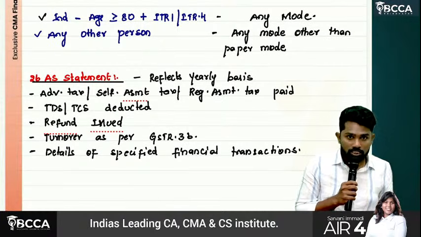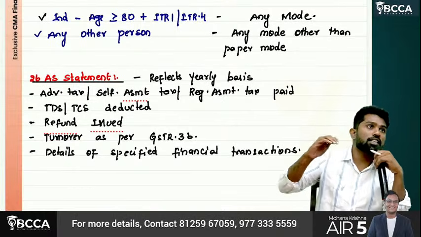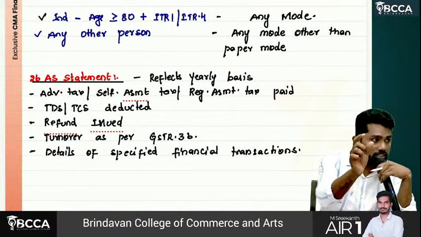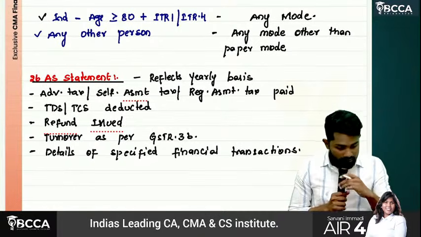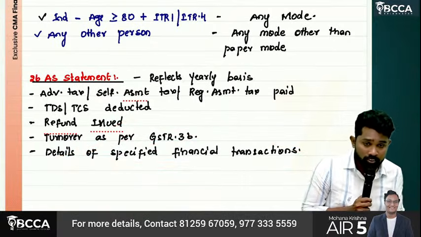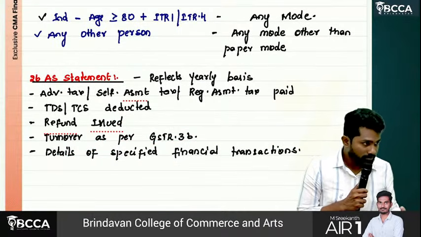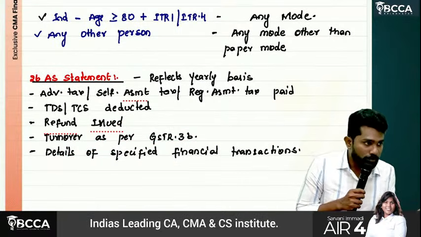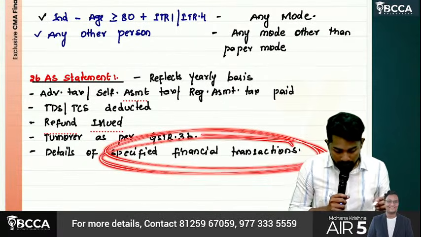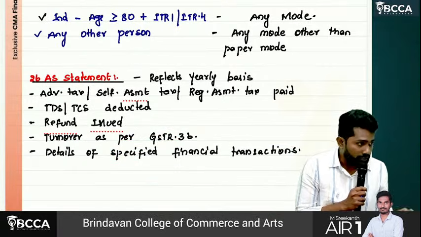In GSTR 3B, you'll be showing your sales, right? The total of all those months' sales will be reflecting in 26AS, and details of any specified financial transactions like electricity expenditure or foreign travel expenditure. Those kinds of specified financial transactions will also be reported in the 26AS statement.